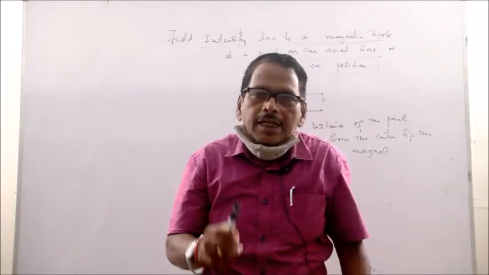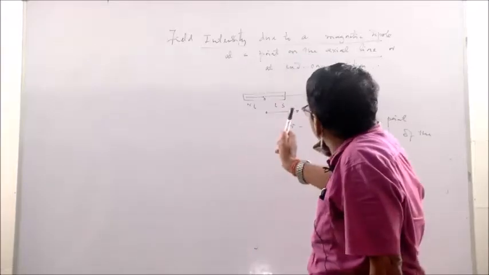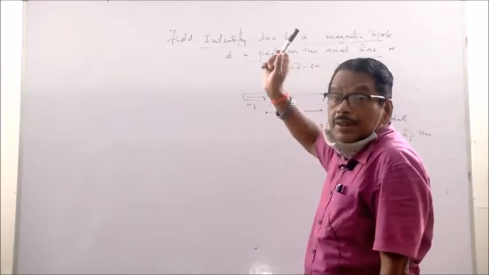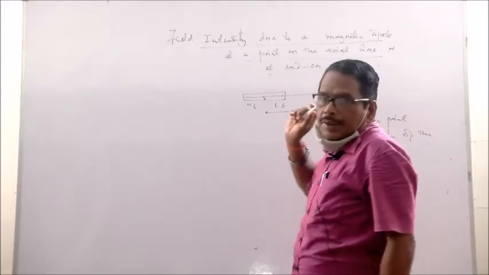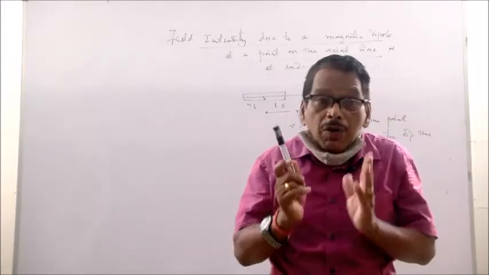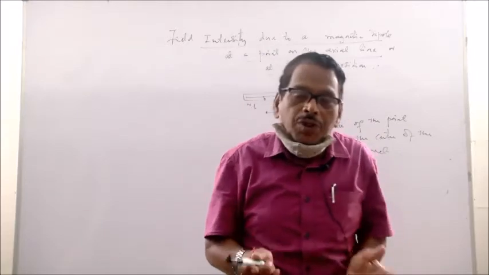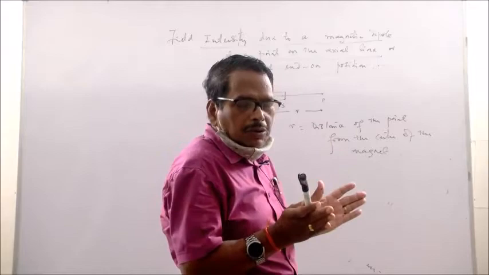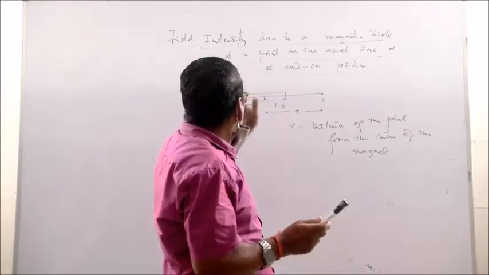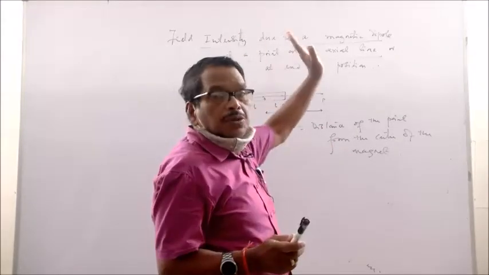Field intensity at P means the force experienced by a unit north pole placed at P. So let us consider a unit north pole at P and find out how much force it experiences due to the magnet. Force due to the magnet means force experienced due to the north pole and force experienced due to the south pole.